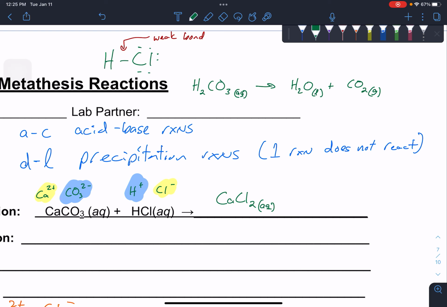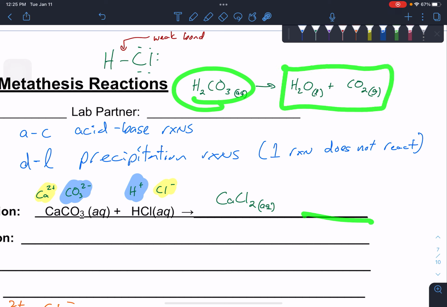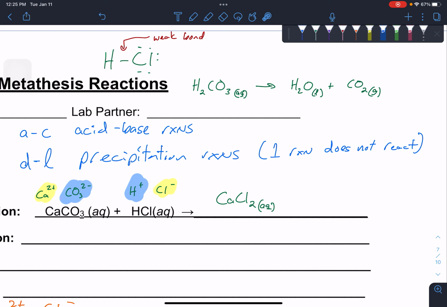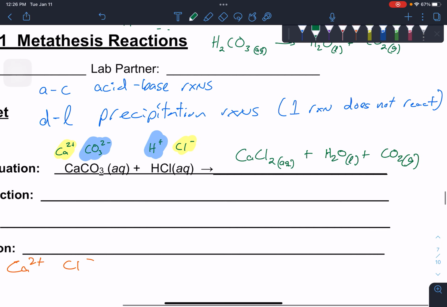And so notice I don't write in carbonic acid here. Instead, I write down what I observe. So I'm putting water and CO2 gas down here.